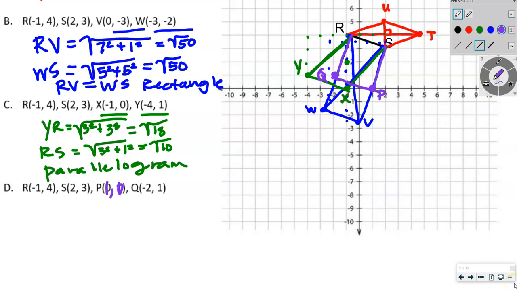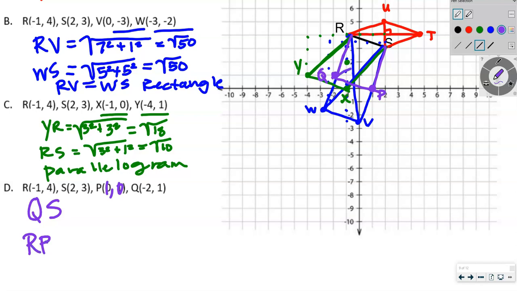Okay, so we're going to do our diagonals again, and we're going to find if they are the same. So we're going to do QS and RP.